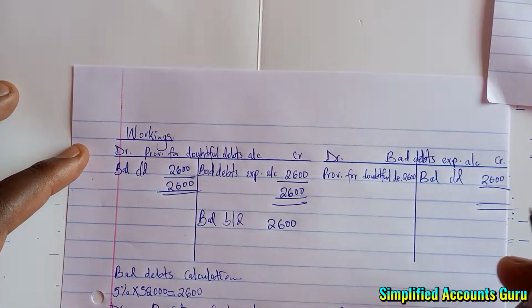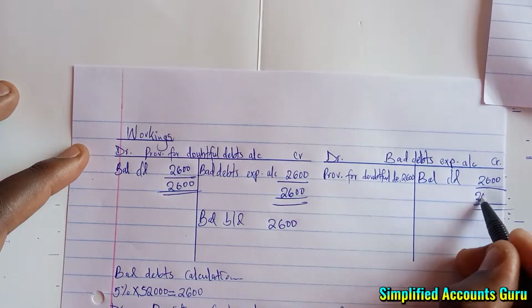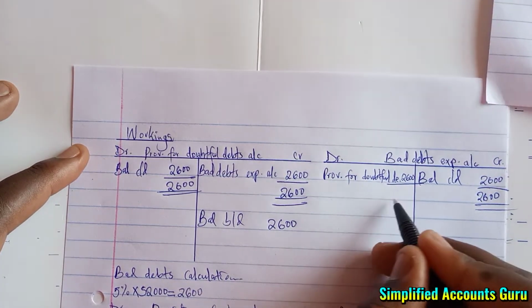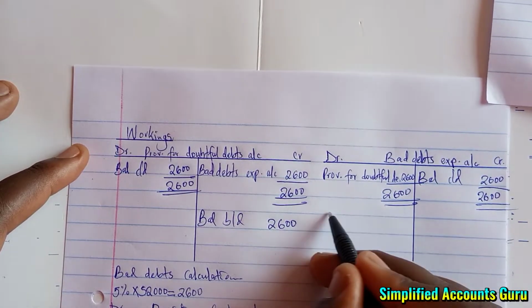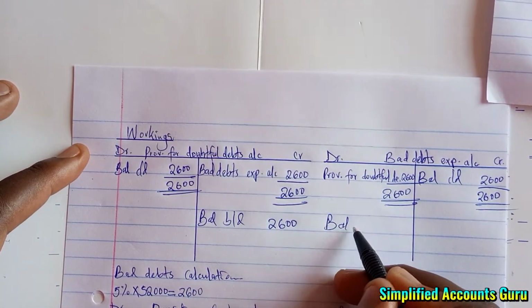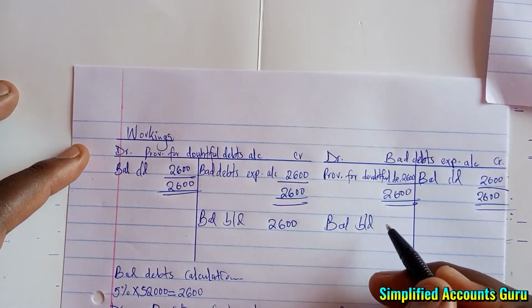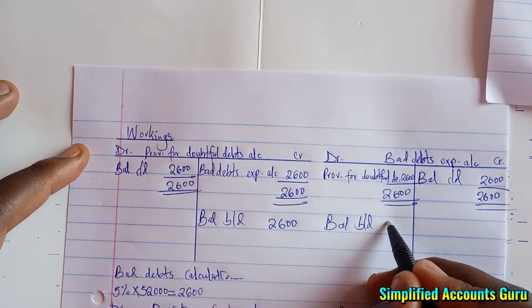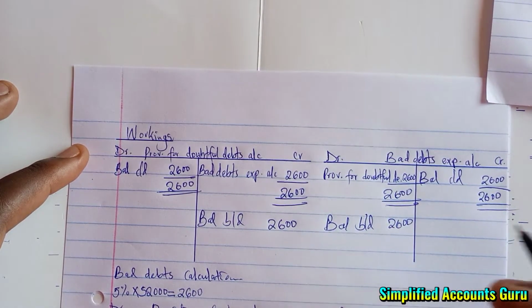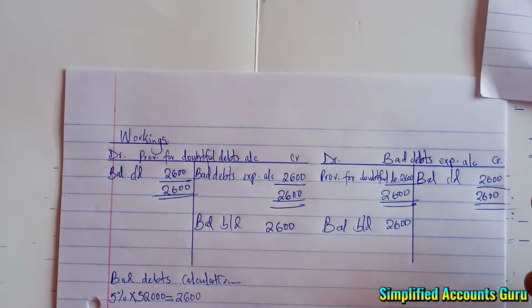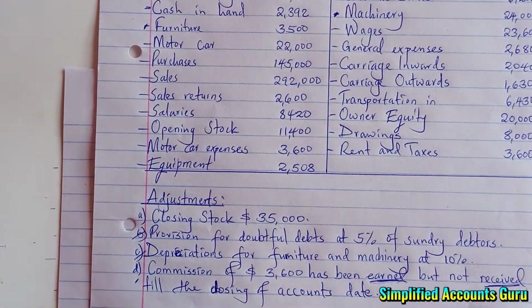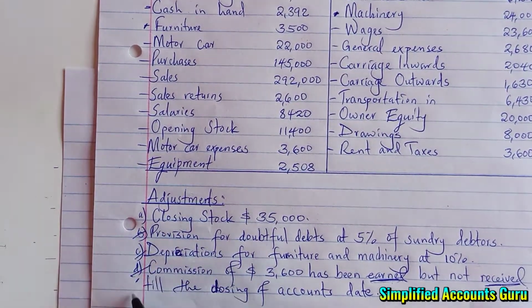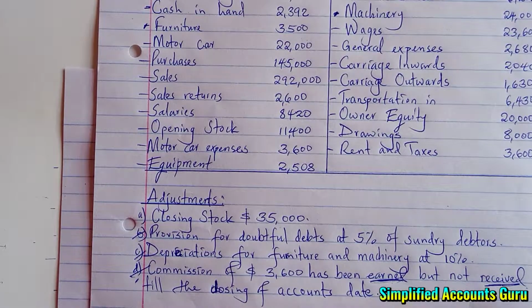Close them at that point, 2,600, and close it on this side. Balance brought down at 2,600. So we have done with the adjustments that were given there. So this one we'll use in the calculation of cost of sales.